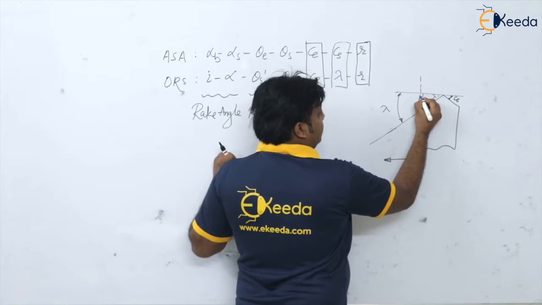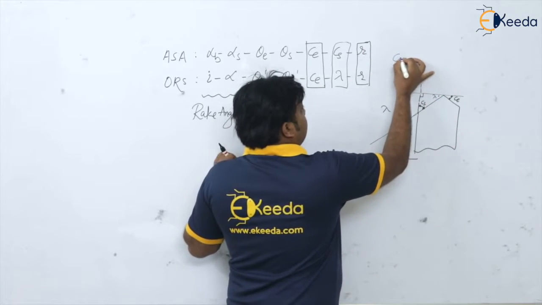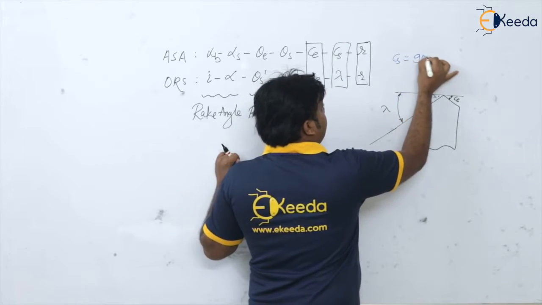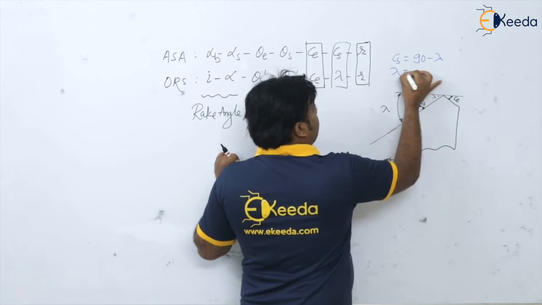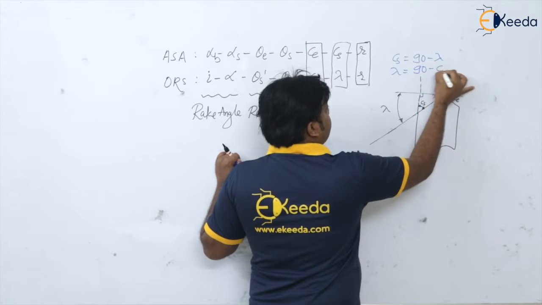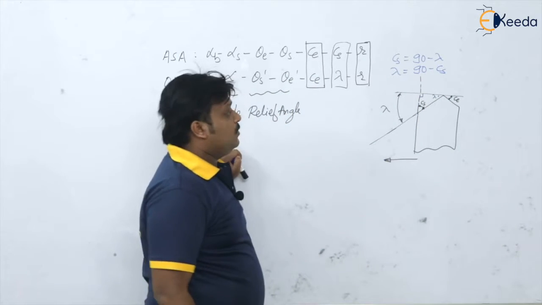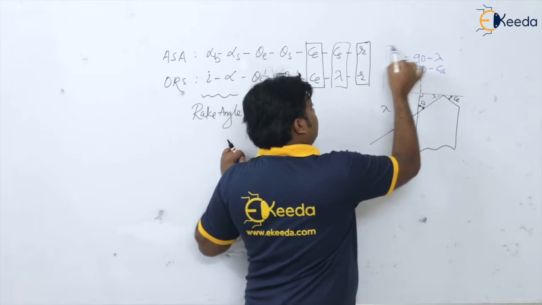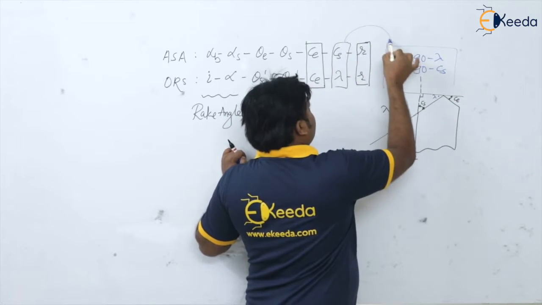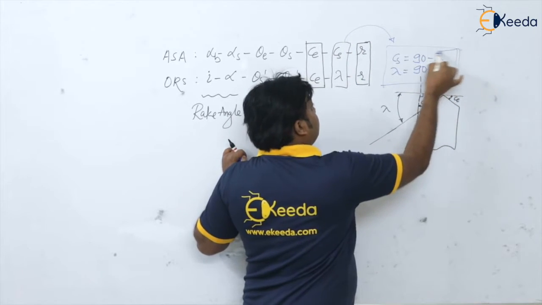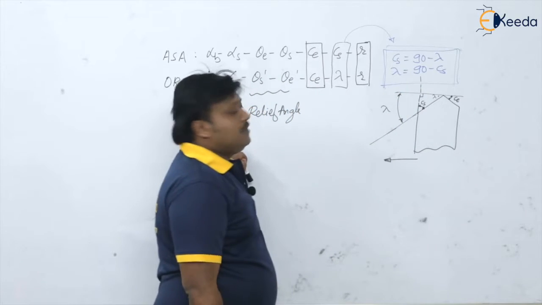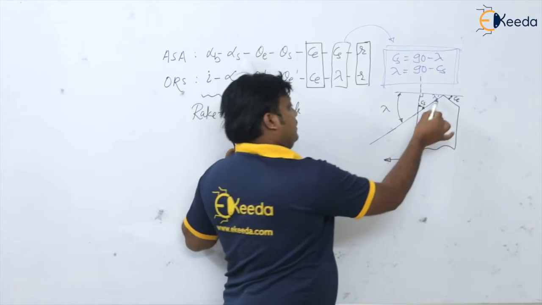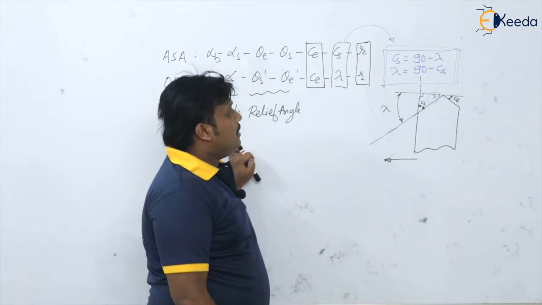This is 90 degrees. So CS is 90 minus lambda, or lambda is equal to 90 minus CS. That is the relationship between the side cutting edge angle and the approach angle or entry angle lambda.